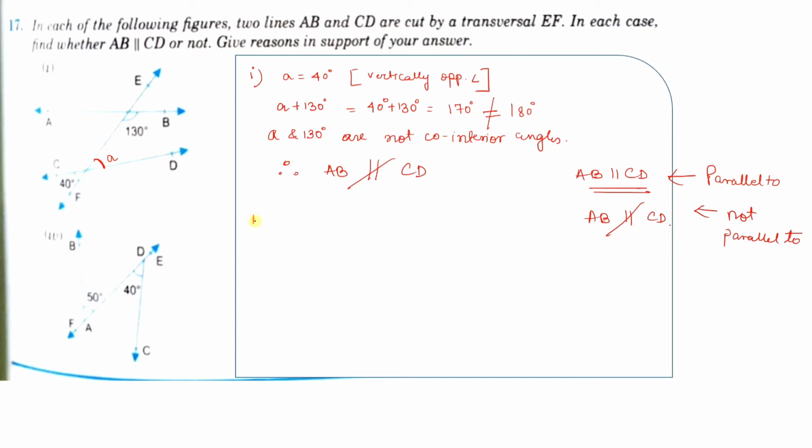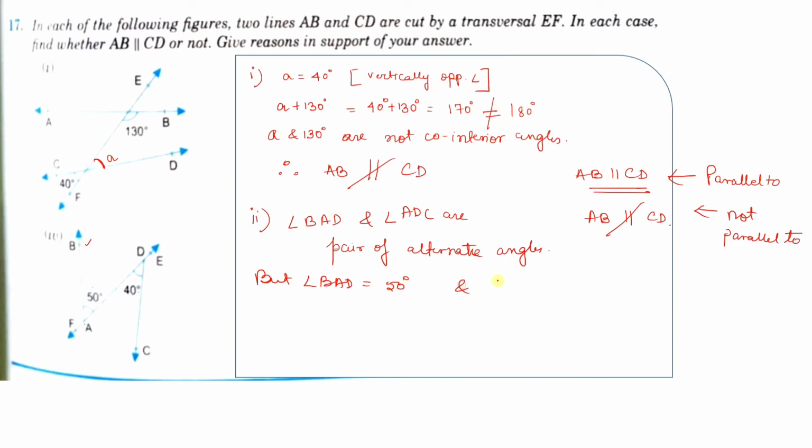So let us look at this number 2. A Z-like structure is forming. So this must be equal to this, but here they are not equal. So this one is also not parallel. So how to write this? Angle BAD, look at here, BAD means this angle, and angle ADC are a pair of alternate angles, but angle BAD is equal to 50 degree and angle ADC is equal to 40 degree.